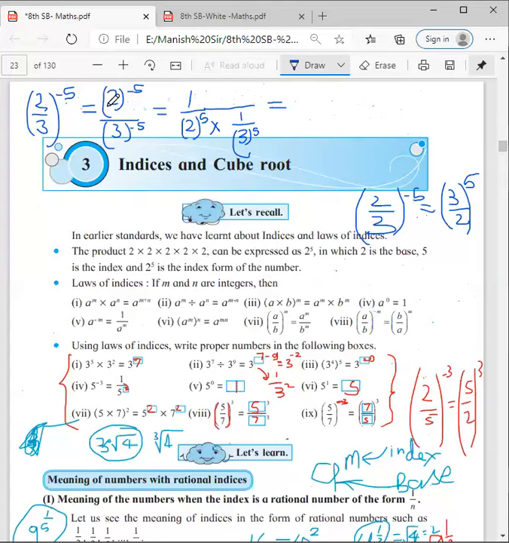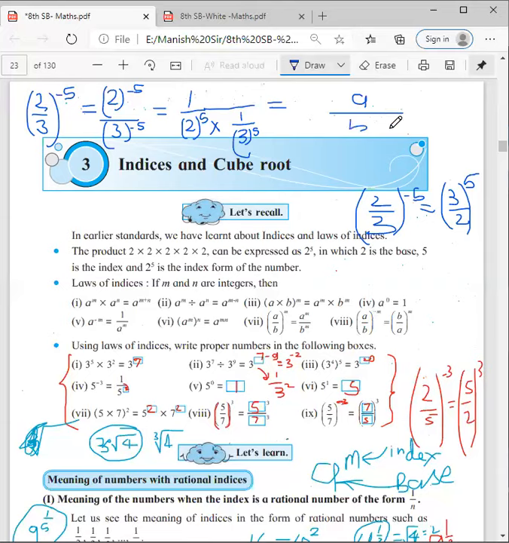What I have done is I have written 2 raised to minus 5 as 1 upon 2 raised to plus 5. In the same manner, we have written 3 raised to minus 5 as 1 upon 3 raised to plus 5. Is it clear to you all? Yes, sir. Next to that, what can we write? As we know that a upon b upon c, if you get a fraction in this way, is a divided by b upon c.